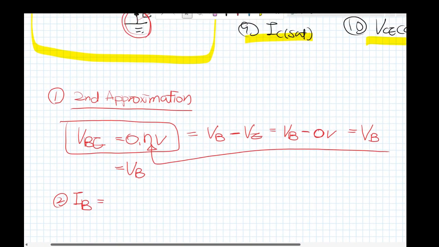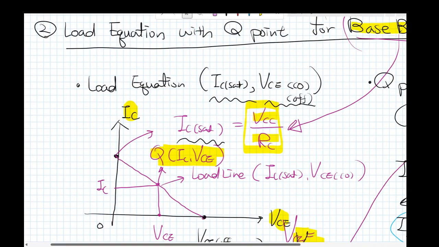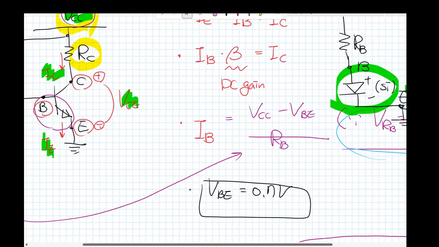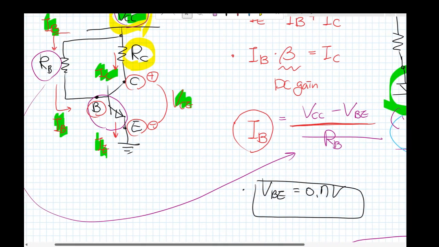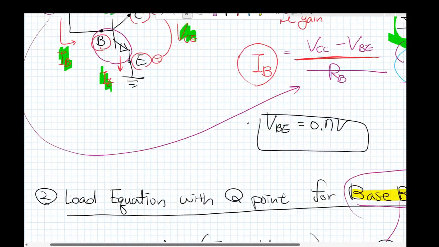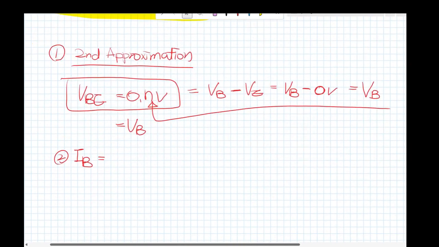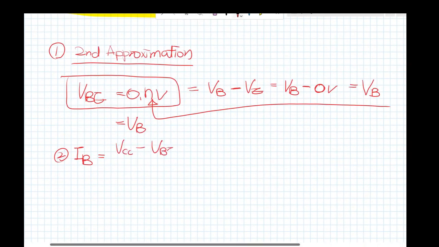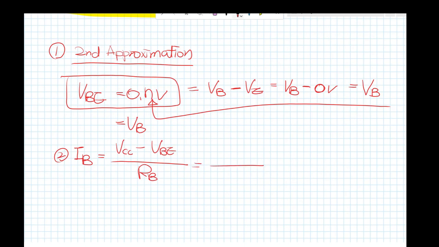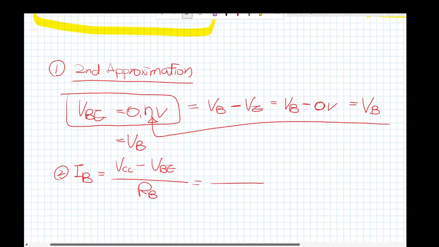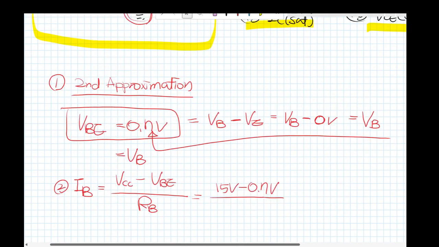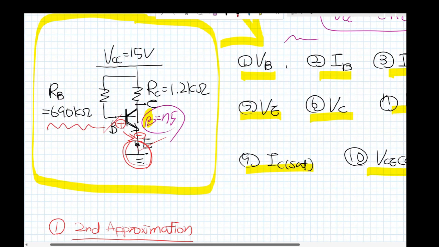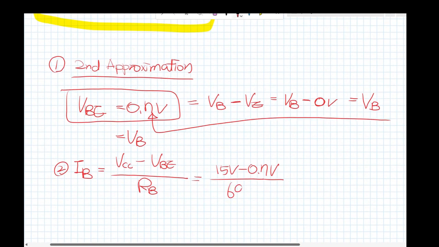Question 2, what is I sub B? We learned before that I sub B is equal to V sub CC minus V sub BE divided by R sub B. So V sub CC from the circuit is 15 volt, minus V sub BE, 0.7 volt, divided by R sub B, 690 kilo ohm.